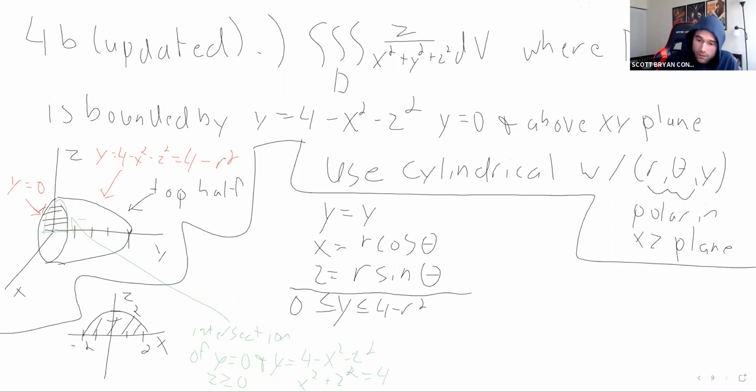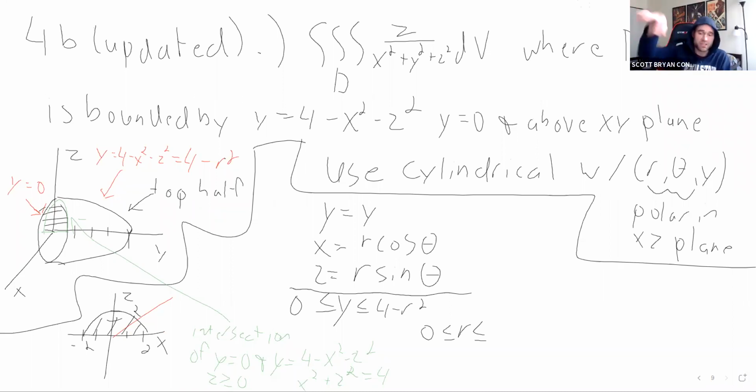Okay, so what are our bounds in polar for r and theta? Well, we do the same thing. Start your line at the origin. Find your inner boundary curve, your outer boundary curve. Well, the origin's in there, so r is bounded below by 0. What's the outer boundary curve?